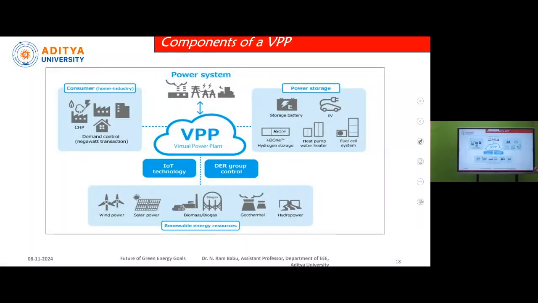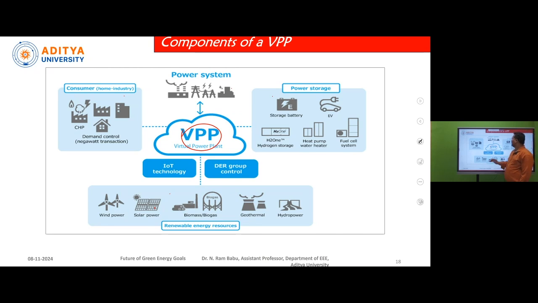So here you can see the components of a virtual power plant. Here, this is the virtual power plant. It is a combination of power systems, power storage devices, and power generation devices. This is the power generation devices, this is the power storage devices, and this is the consumer part. I think this slide is similar to the first slide, but here we'll find a difference.